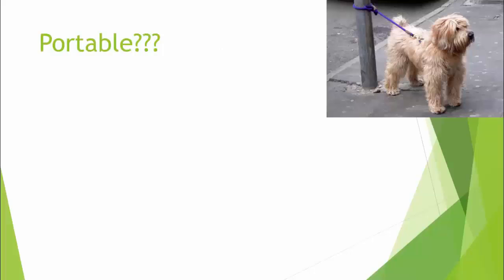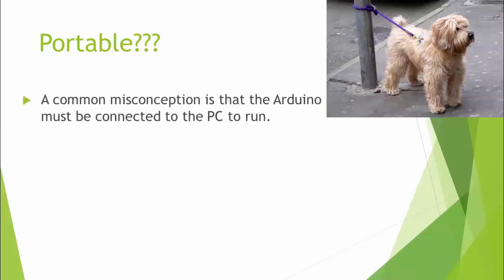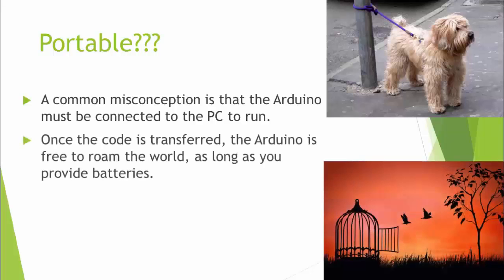Now, I alluded briefly to the idea that an Arduino is nice and portable, that it can be put into movable devices. So what about that USB cable? Well, I've noted that a lot of students have the misconception that the Arduino is connected to the PC and the PC is actually controlling the device. And nothing could be further from the truth.